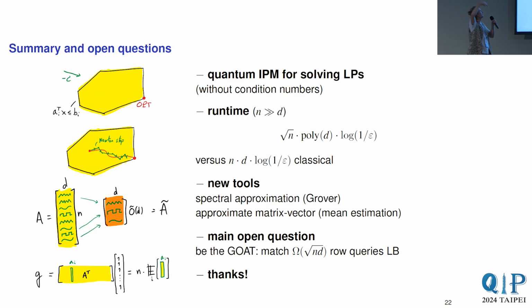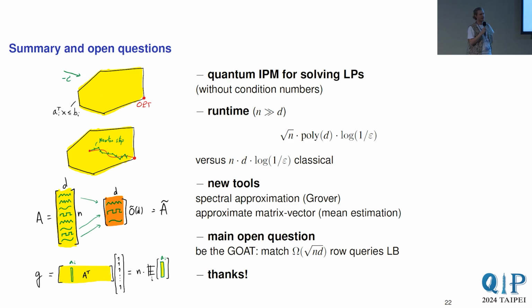Then you do inverse path following, right? So you trace back the central path to the center, and then from there you go towards the true optimum. You would do that classically, but you could do this quantumly as well. Otherwise, we would pay the price of a classical IPM method.